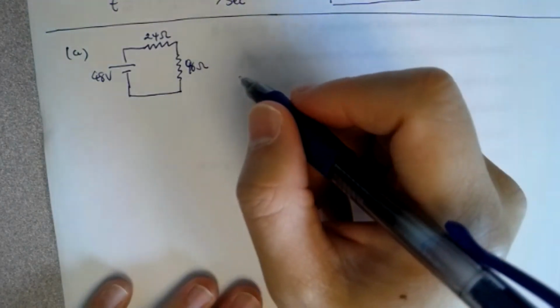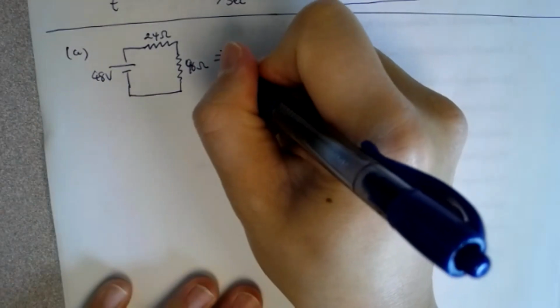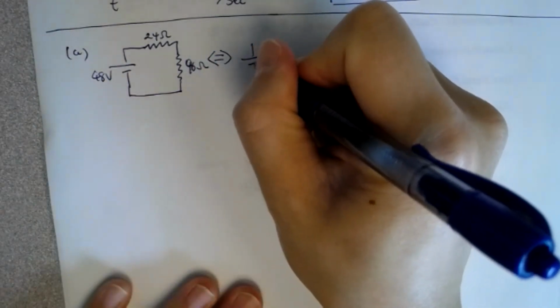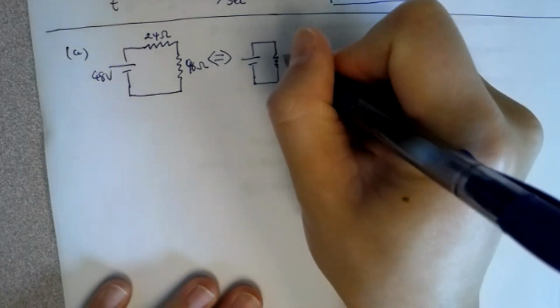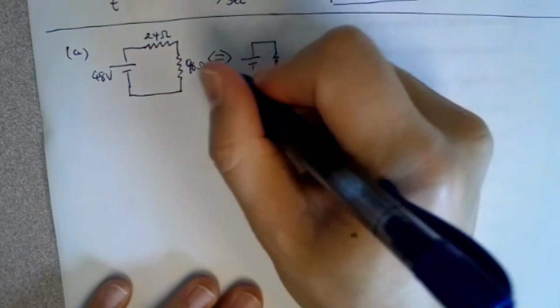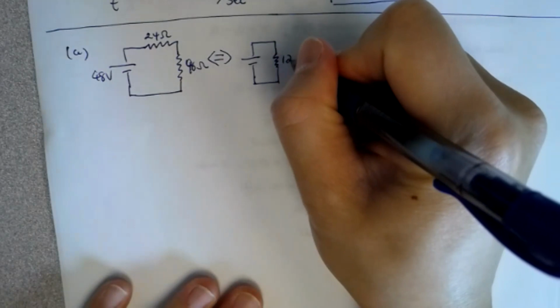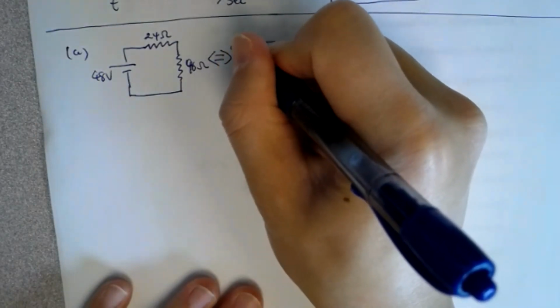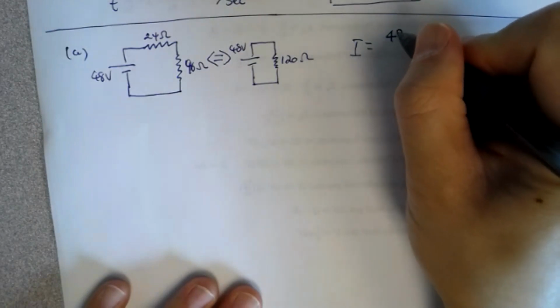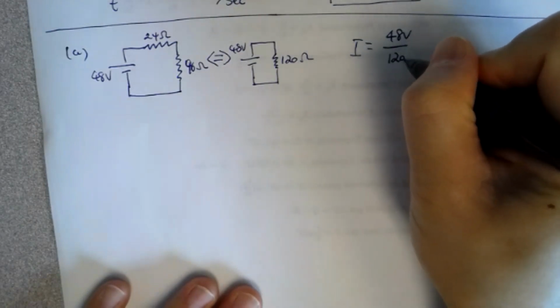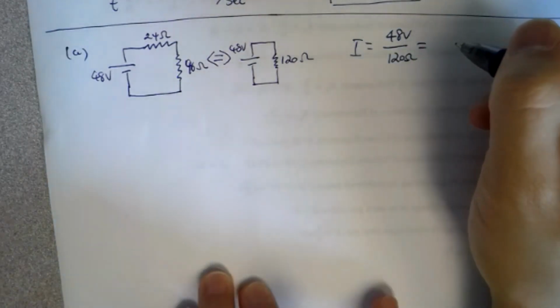So the current through the circuit, this can be treated as the equivalent of the 2 in series. So you should add them up. 24 plus 96, 120 ohms, and then 48 volts. So the current will be equal to the volts divided by the resistance.